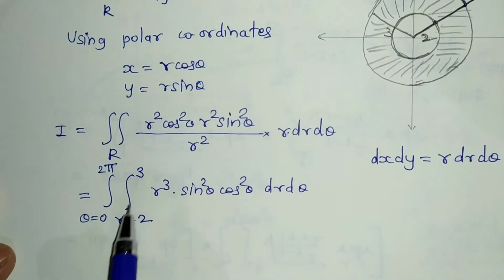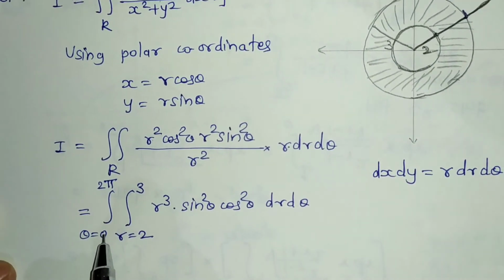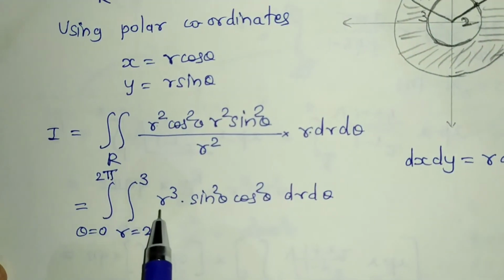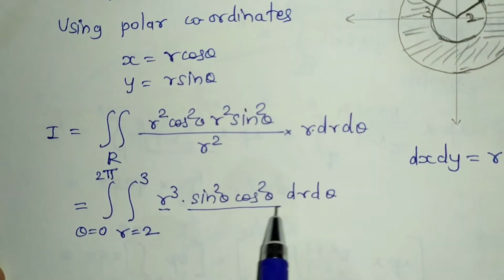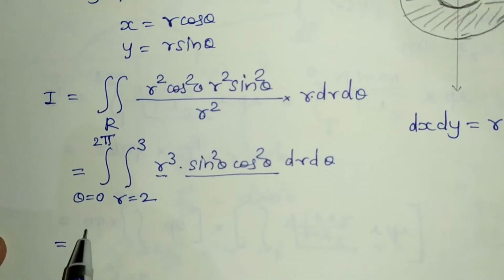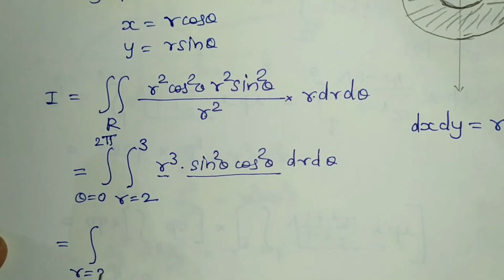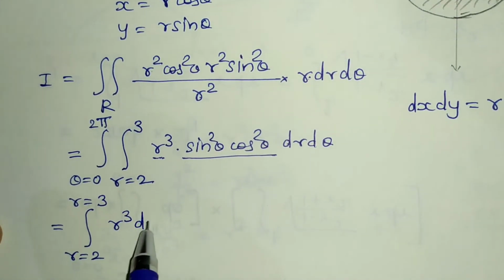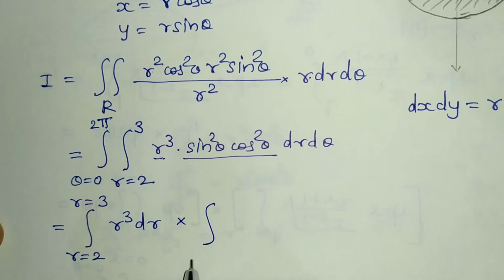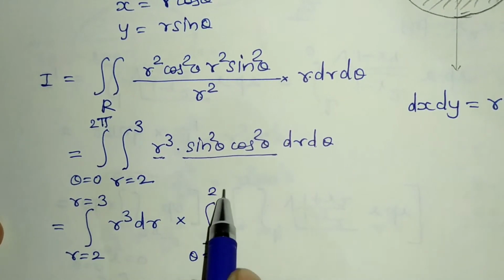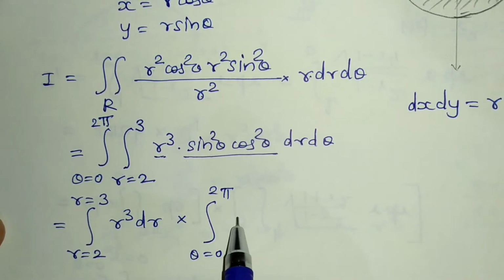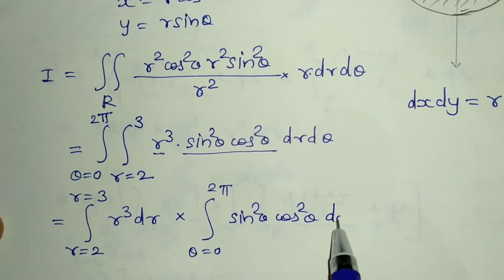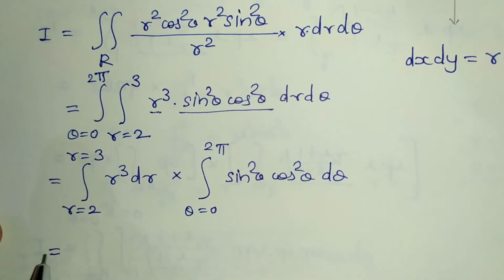Now here the limits of r are constant and the limits of theta are constant. Moreover, I can separate this function into a function of r times a function of theta. So I can separate this integral as r from 2 to 3 of r cubed dr, multiplied by theta from 0 to 2 pi of sin squared theta cos squared theta d theta. Now what is the integration of r cubed?